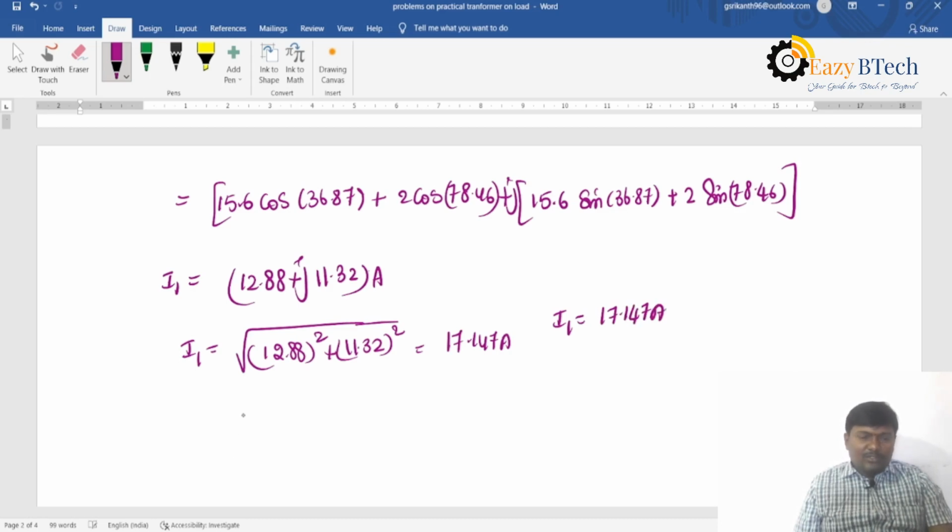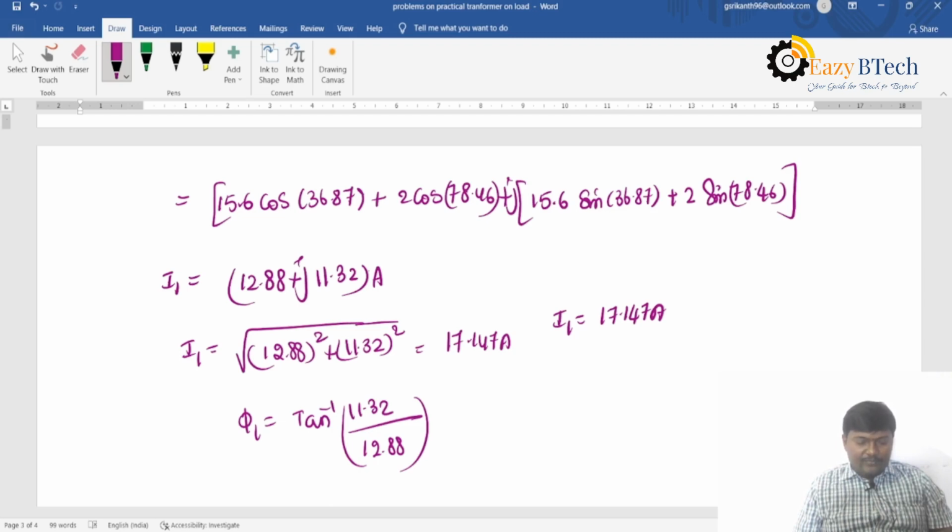So if you want to find out the primary power factor angle, 11.32 by 12.88. So shift tan inverse of 11.32 divided by 12.88.